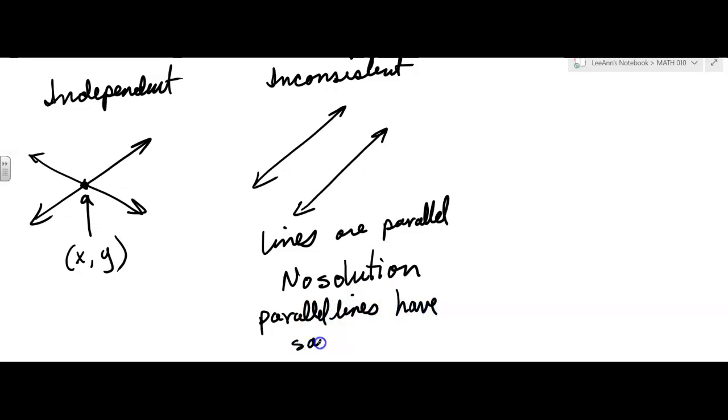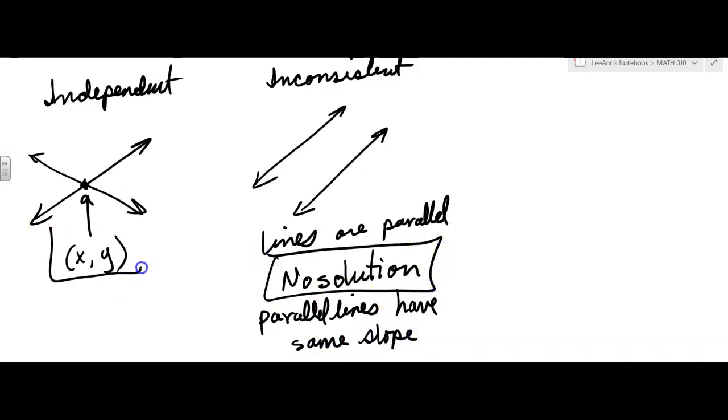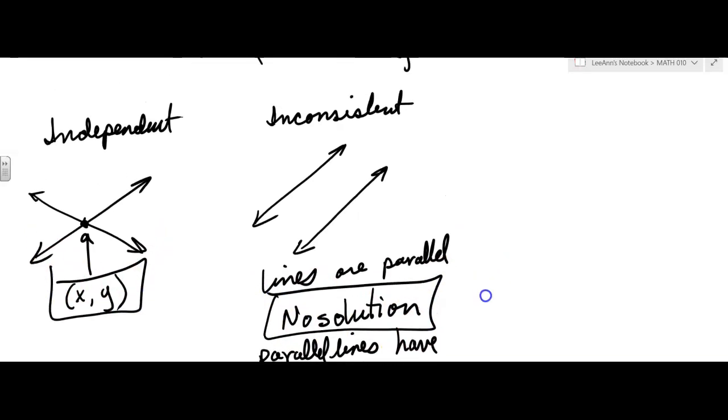So if you were finding the slope and you saw they were the same, you would say, oh, they're parallel lines, no solution. These are systems that we're solving, so we need like an answer. We need a solution. Okay, if there is no solution, we have to say no solution.